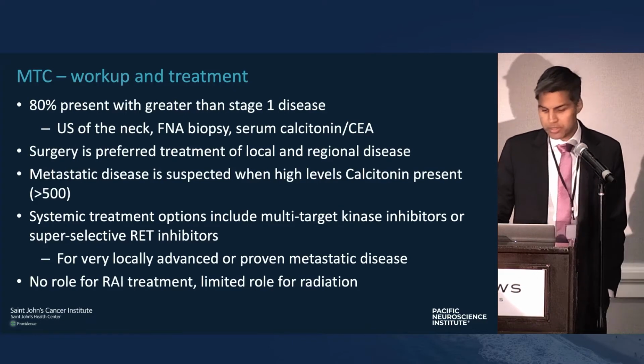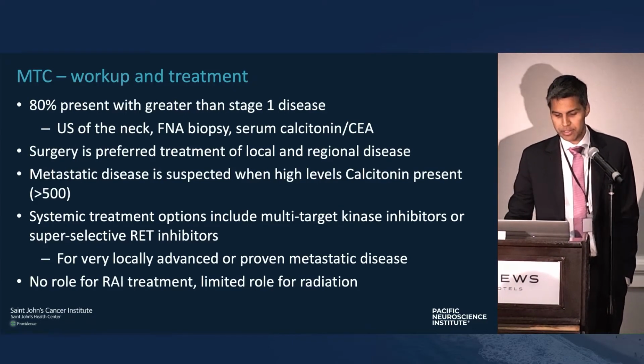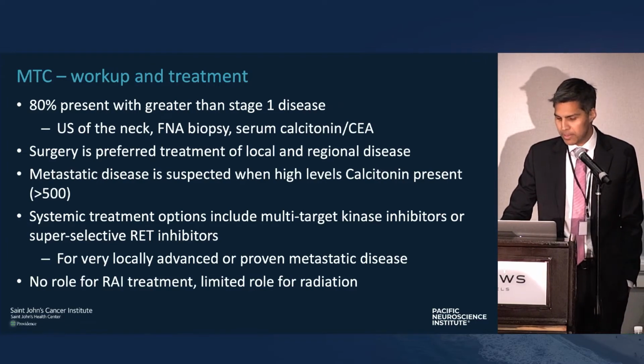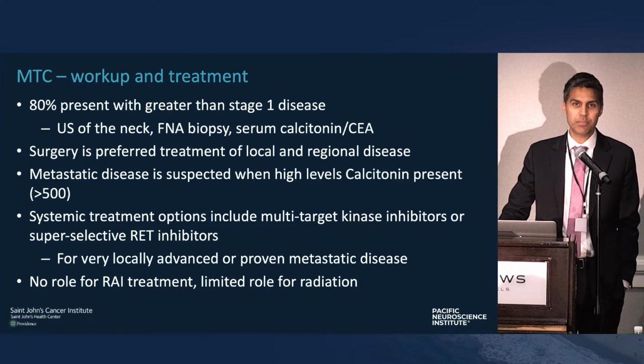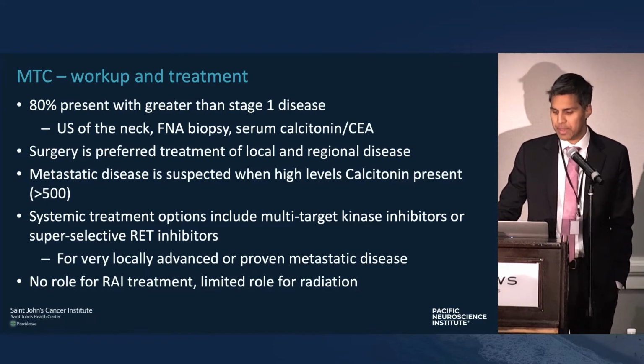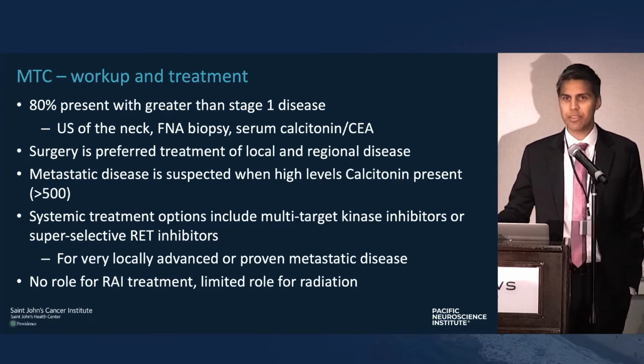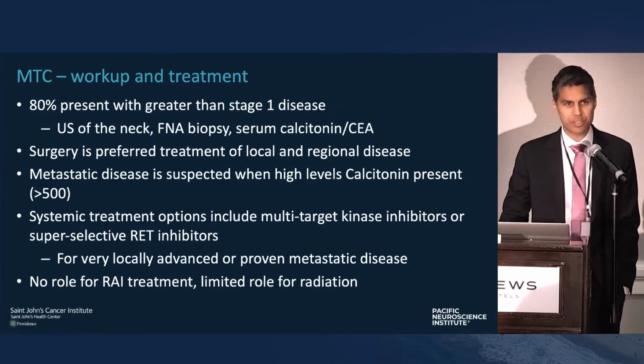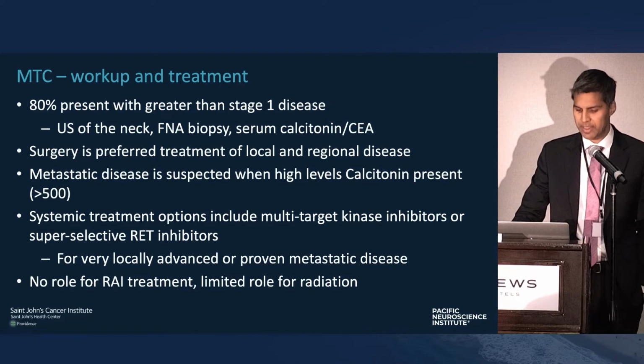Many of these patients present with more advanced disease, as medullary thyroid carcinoma has a tendency to spread to lymph nodes. The workup is mostly similar to differentiated thyroid cancer, except they're going to get an ultrasound of the neck, you're going to send them for an FNA biopsy, but they're going to require serum calcitonin and CEA.